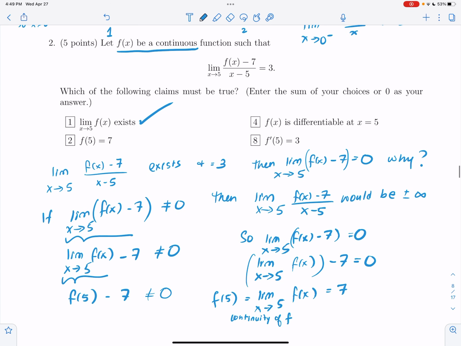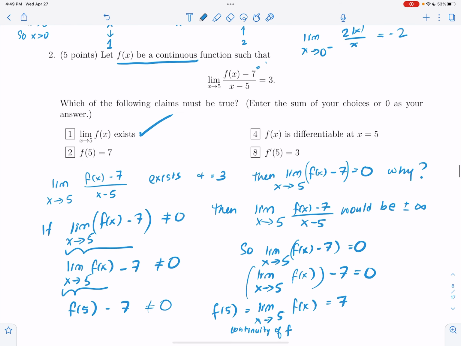So since f of 5 is 7, what is this? This is f of 5. So what does this become? This is the limit as x approaches 5 of (f of x minus f of 5) over (x minus 5). Well, that means that this limit exists and it equals 3. If this limit exists and equals 3, it must mean that f is differentiable at 5, and, of course, that the derivative is 3.